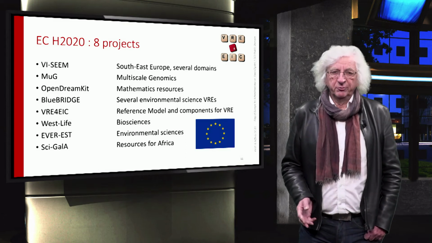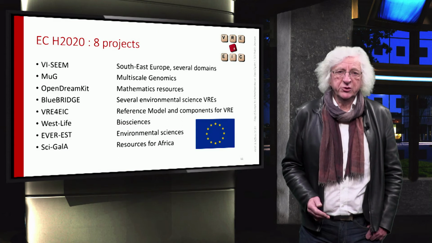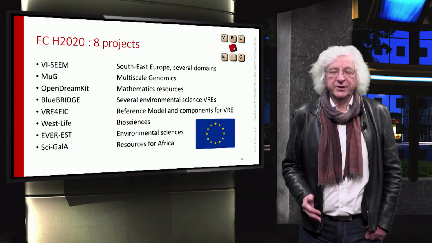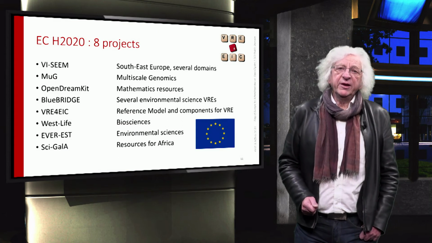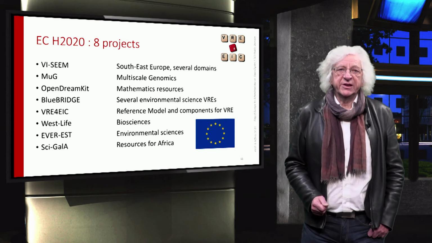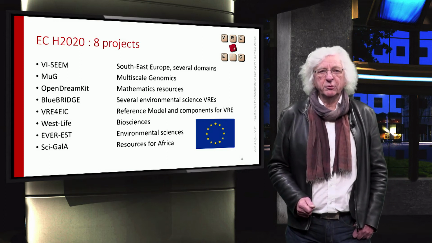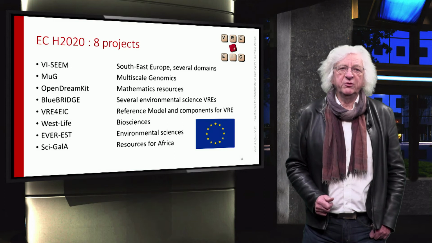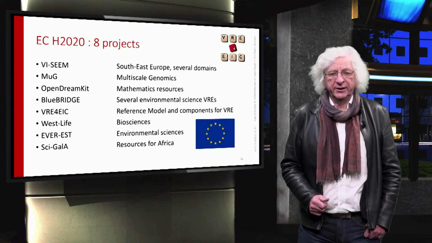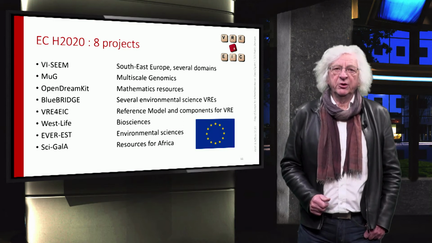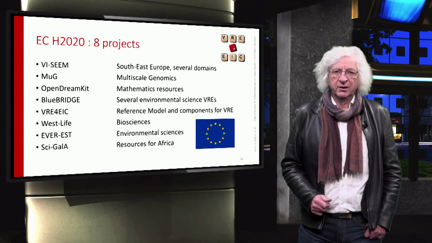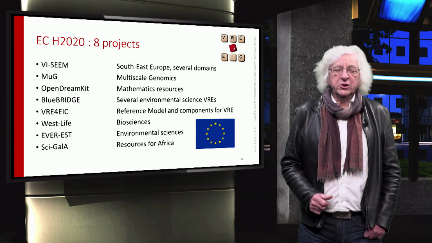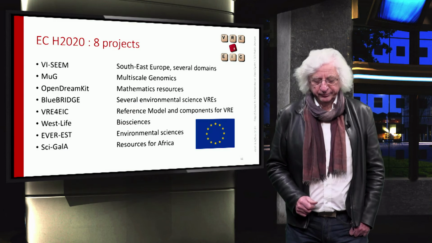Some are more general, providing resources for regions, VICEAM and SciGaia. Finally, VRE for EIC provides a reference model and components to encourage common VRE development and cross-linking of VREs to allow multi-domain research. Let us look at each one in turn.